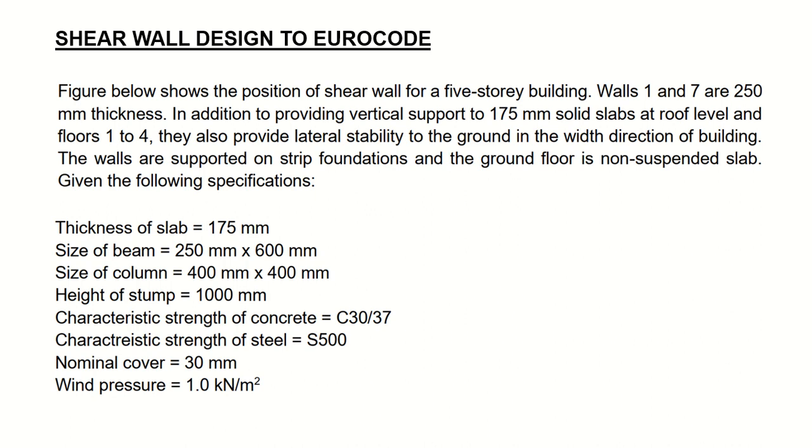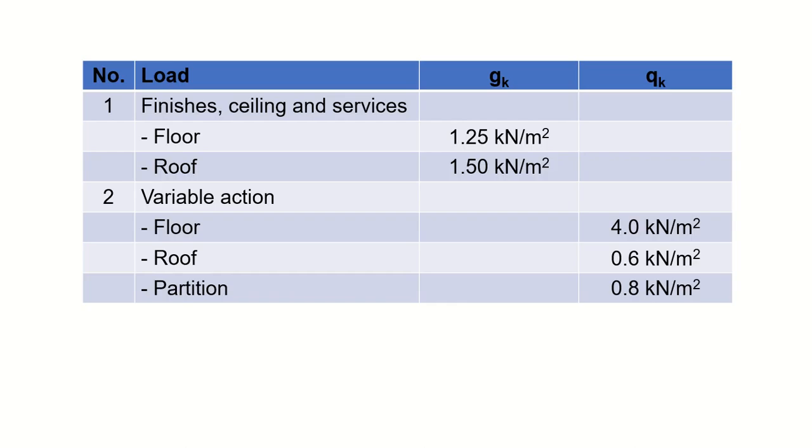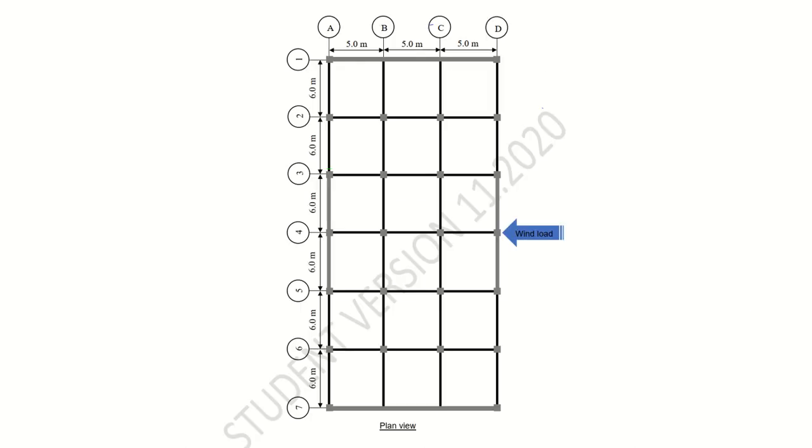So let's look at wall 1 and wall 7. From this plan view, you have a grid line from 1 to 7 and grid line A to D. Shear wall is located at grid line 1 here, and also grid line 7.